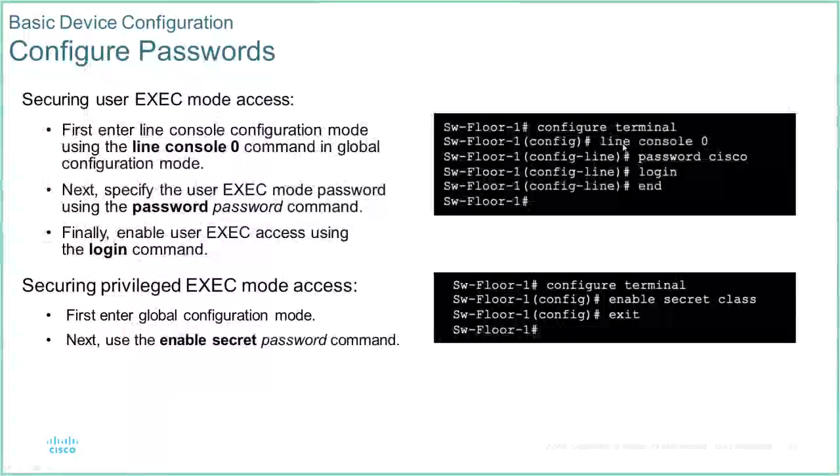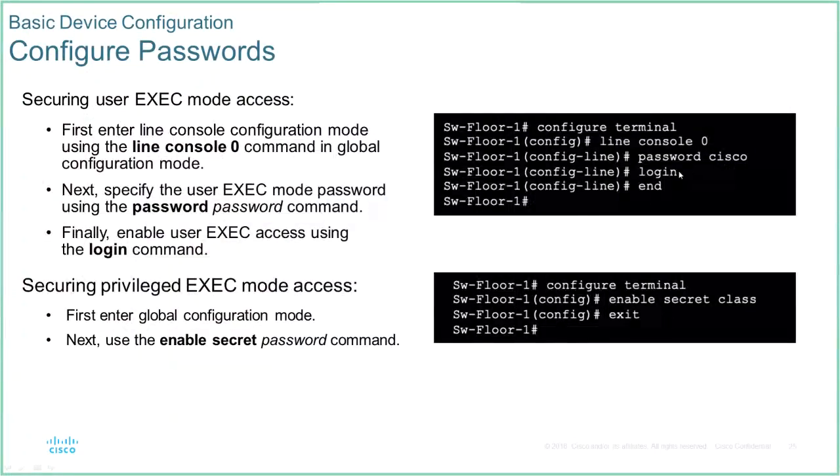On our lines and our virtual terminal sessions, we need to put a password in, and in this case we're using Cisco. So every time you go to access the device via the console port, it will prompt you on login for this password.